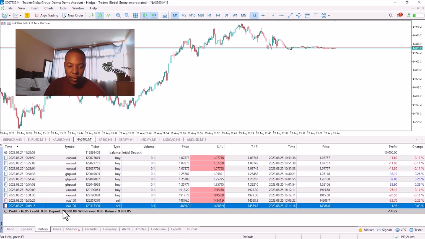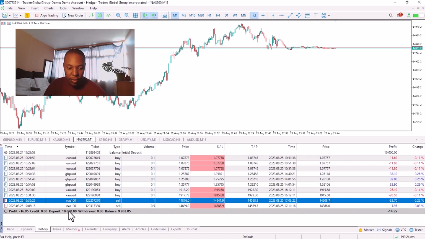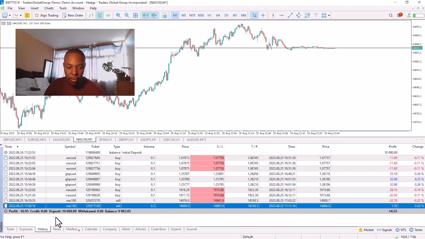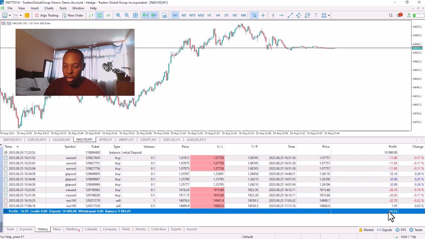Then the last one was NAS, also again SL, but this one is a break even trade. So I broke even on that trade. So overall loss is minus $16.95. So yeah, that's day 1 of phase 2.